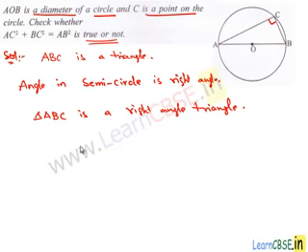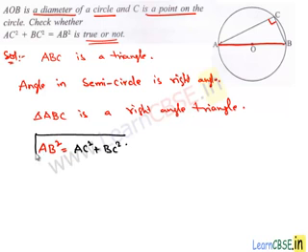In this right angle triangle, from Pythagoras law, square of hypotenuse, here hypotenuse is AB, is equal to the sum of the squares of the other two sides. Here we have AC as one side and BC as the other side. Therefore, it is true, and we say that the given statement is true.